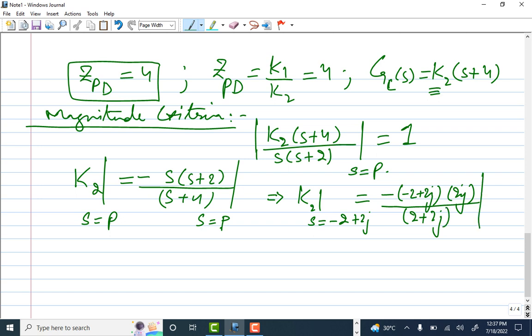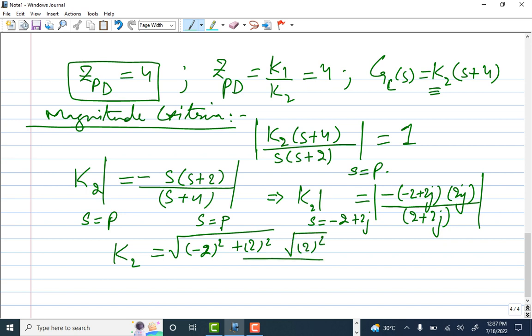Take the magnitude. When I do that, K2 becomes the square root of minus 2 square plus 2 square, now again 2 square divided by 2 square plus 2 square. These two cancel, it becomes 2. So we know that K2 is 2.